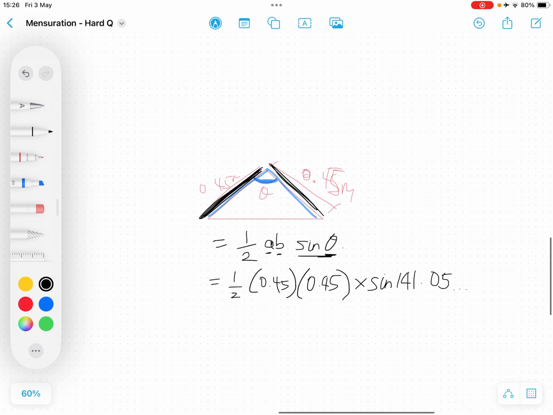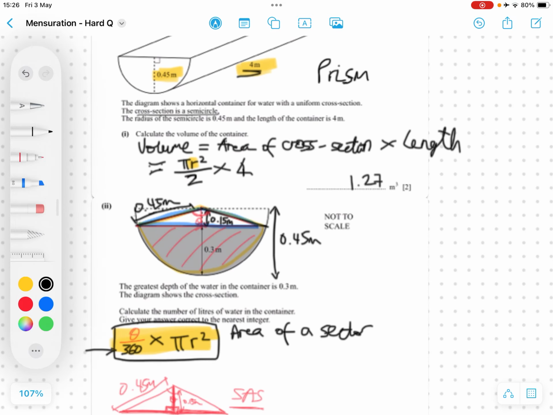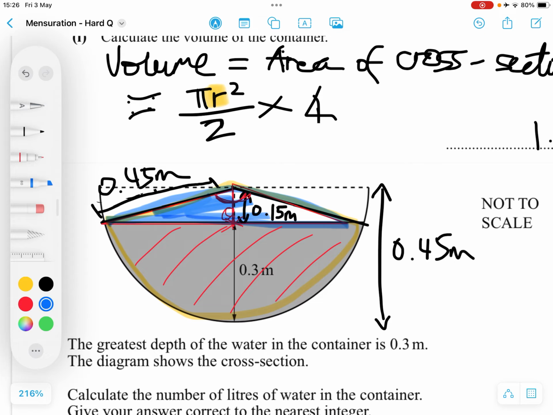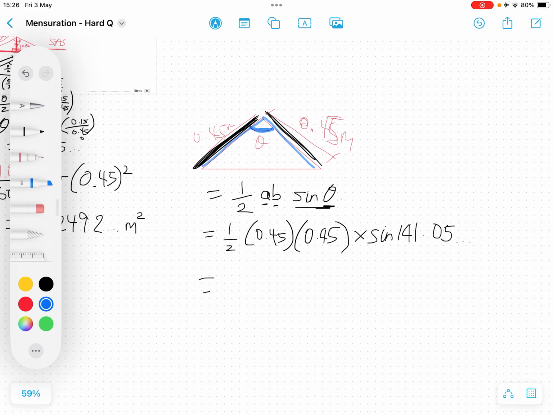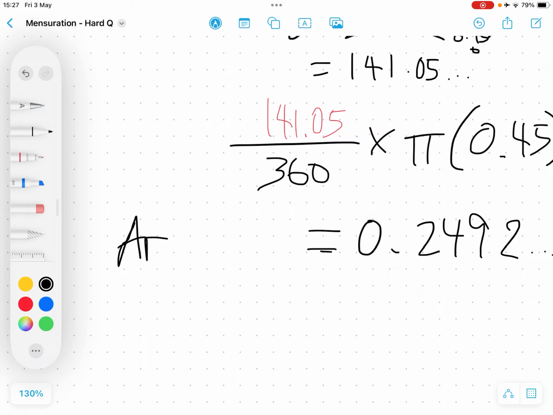And now if we put this into a calculator, we get that the area of this entire blue triangle is equal to 0.0636 meters squared.